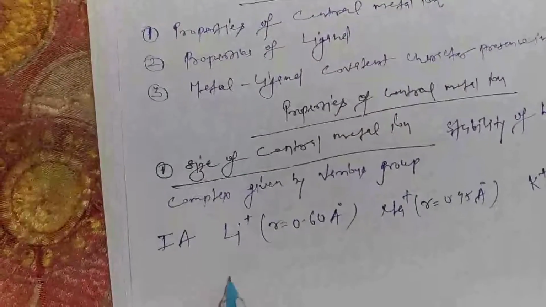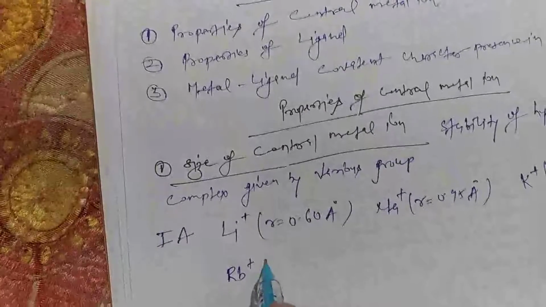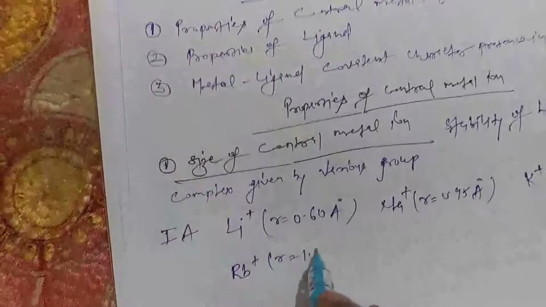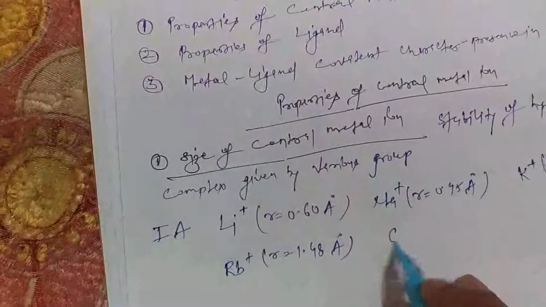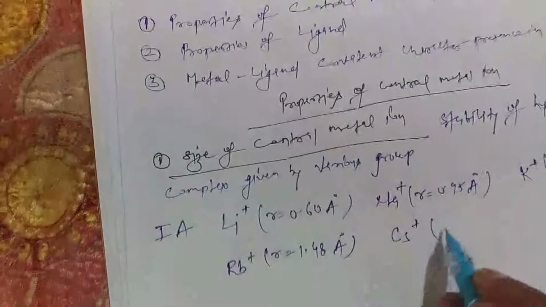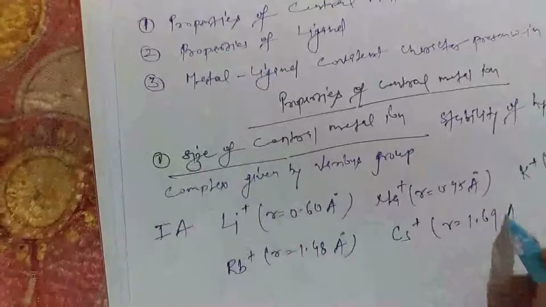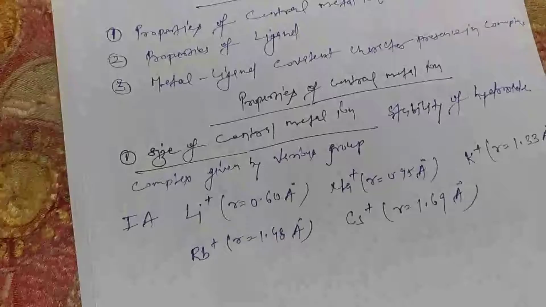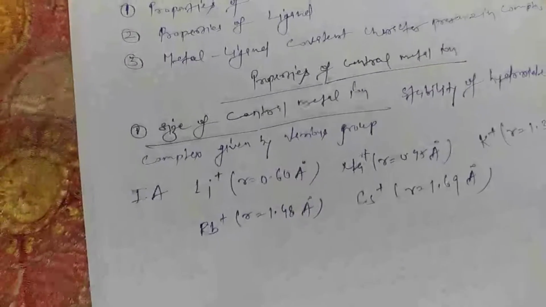That means the size increases as we go down in the group. Let's write the whole cesium as well. So we can understand easily that this is the first group element, called the alkali metals.